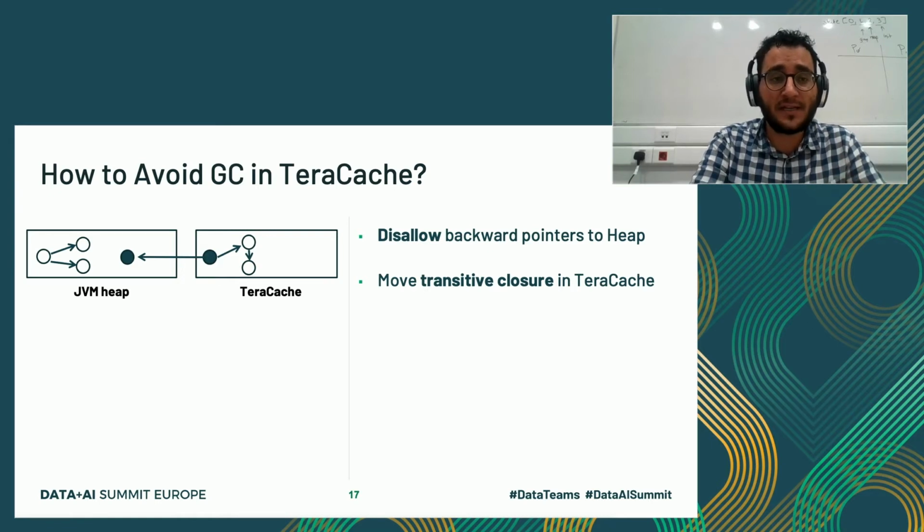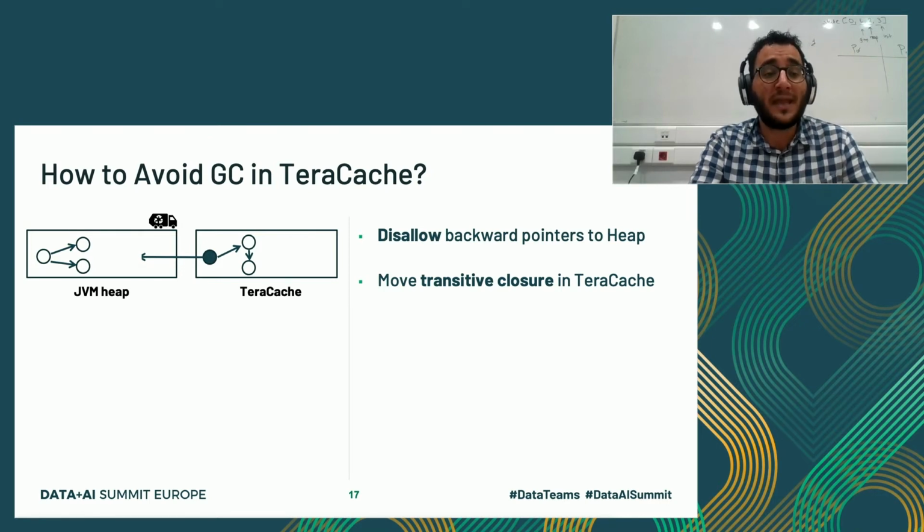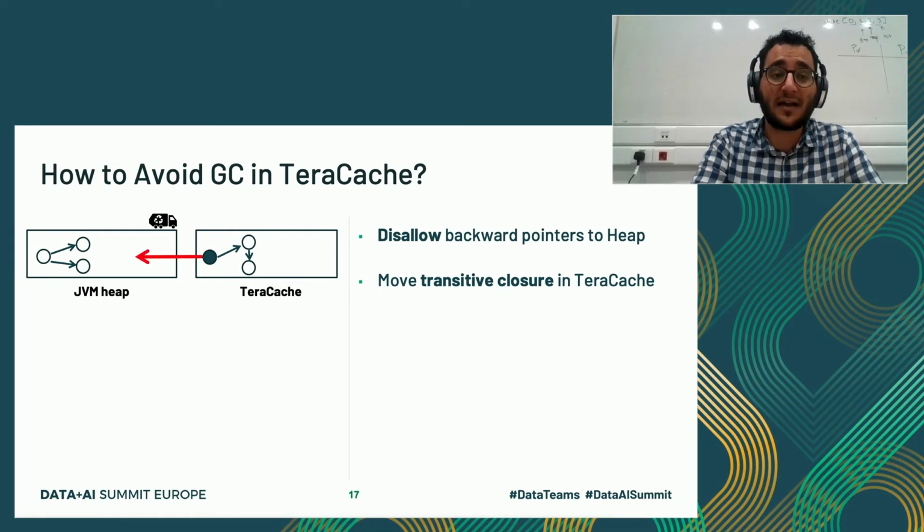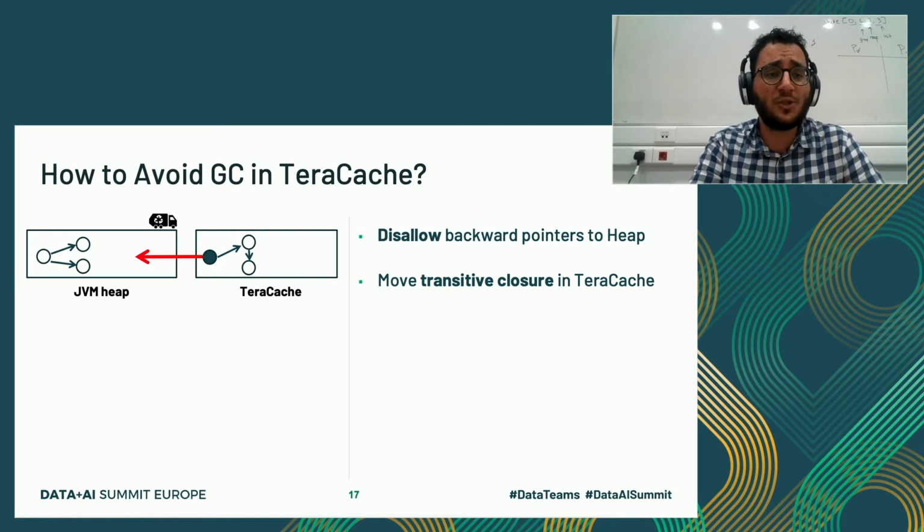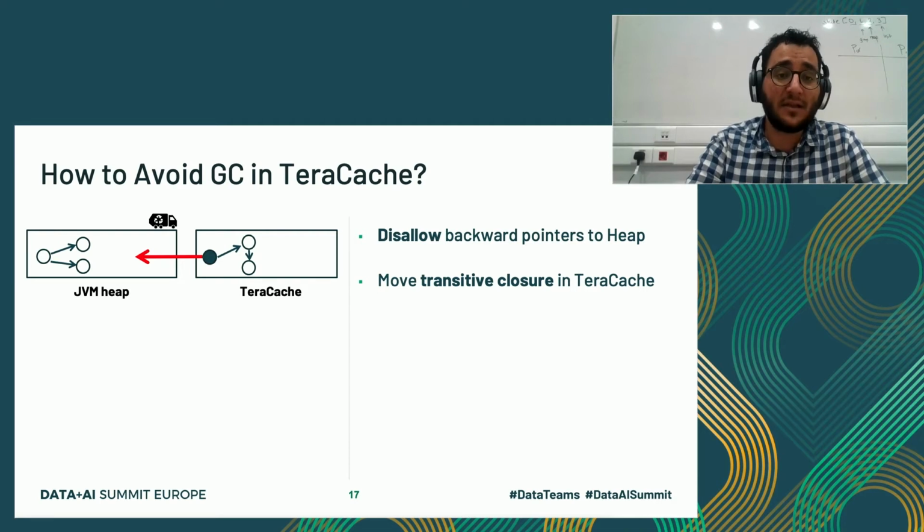The first one is that the garbage collector is going to wake up and try to reclaim this heap. So it might reclaim this object, and then we will have a dangling pointer and our system will crash. The second scenario is that the garbage collector moves this object to another location in the JVM heap, so again we will have a dangling pointer.